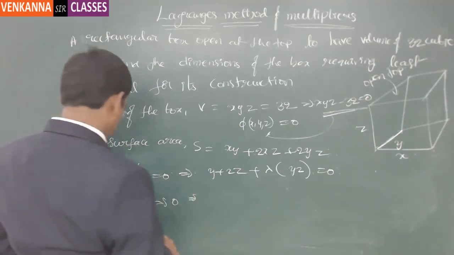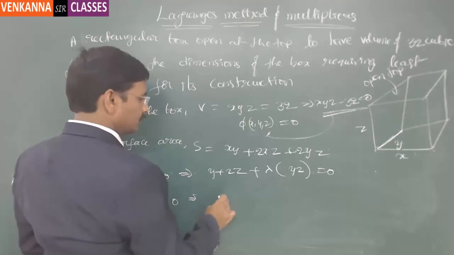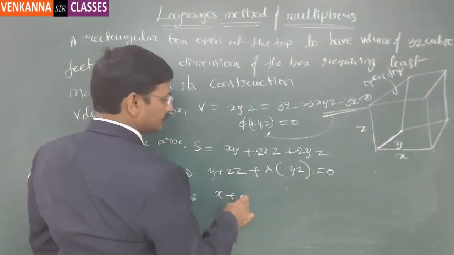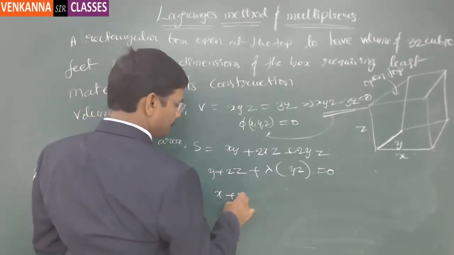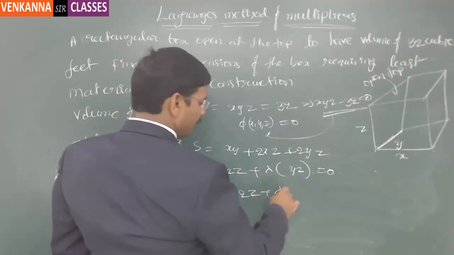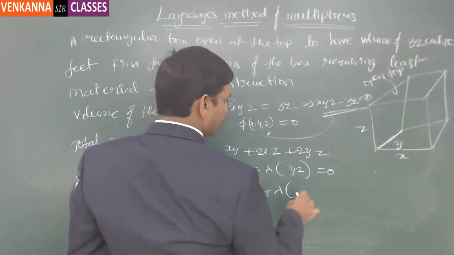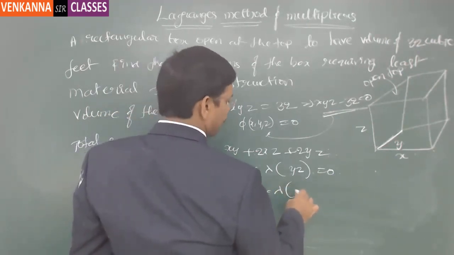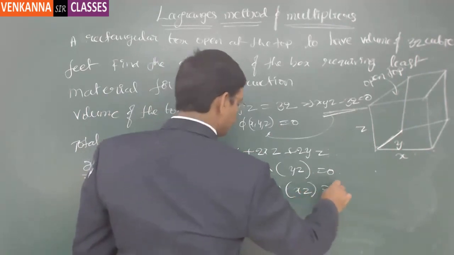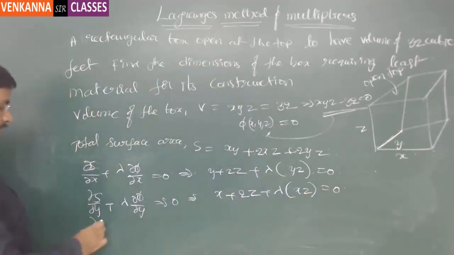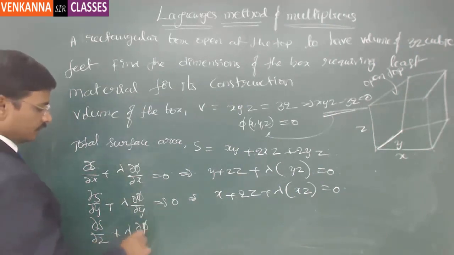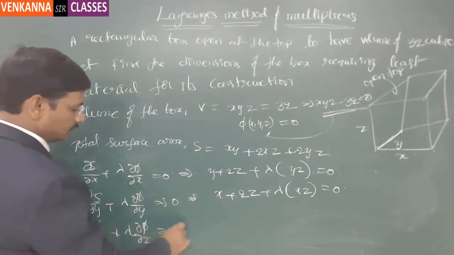It implies, with respect to y, this is x plus 2z plus lambda times xz is equal to 0. And the third condition is dou S by dou z plus lambda times dou phi by dou z is equal to 0.